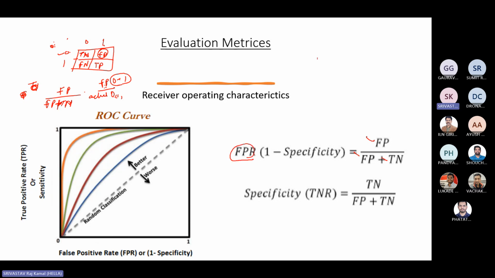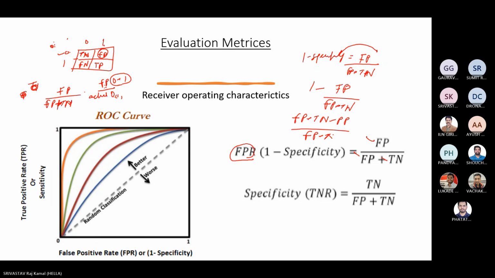So for example, let's do one thing. This is written here: false positive plus true negative. Take this whole term explicitly here. This becomes 1 minus false positive upon false positive plus true negative. So this becomes false positive plus true negative minus false positive upon false positive plus true negative.